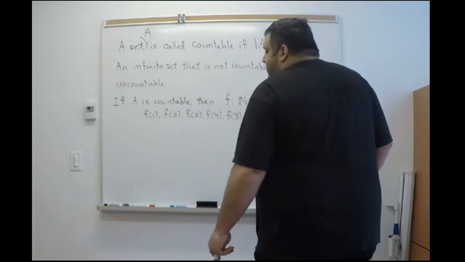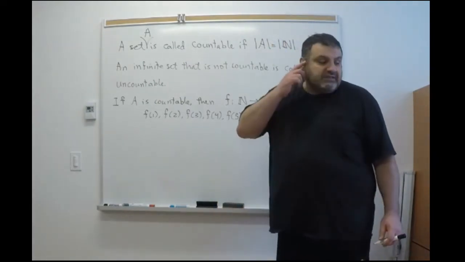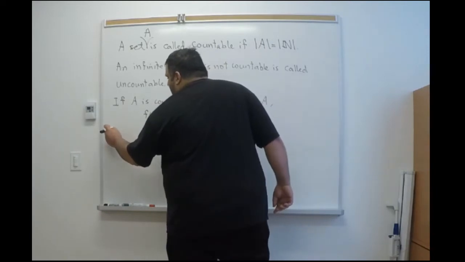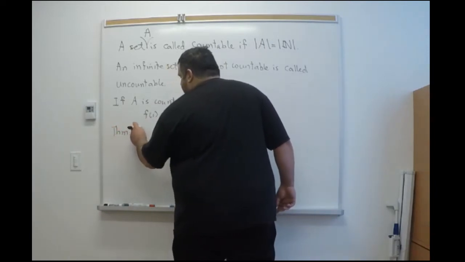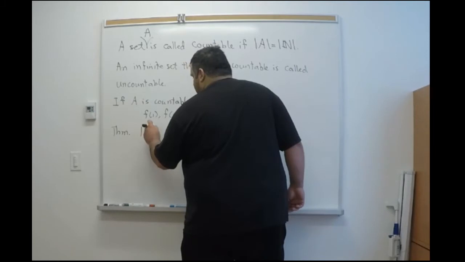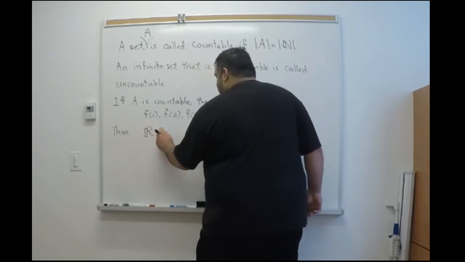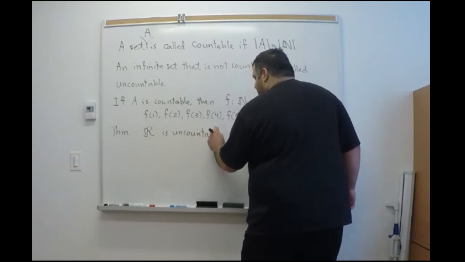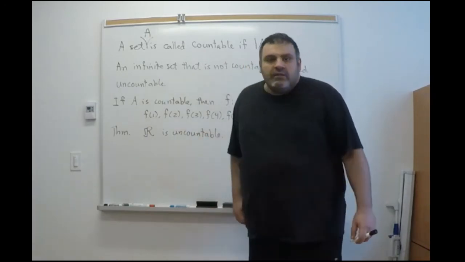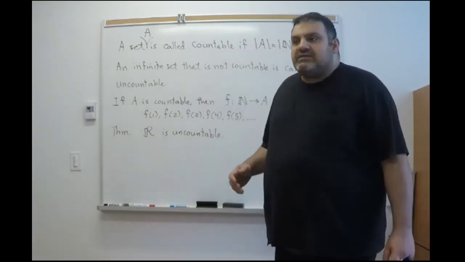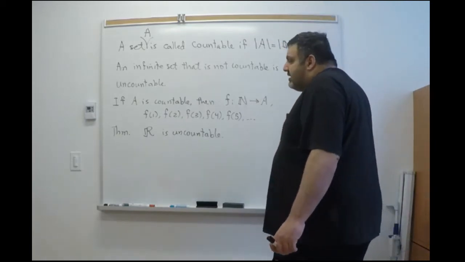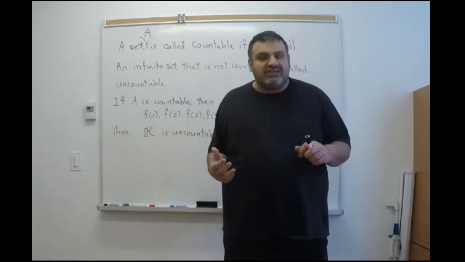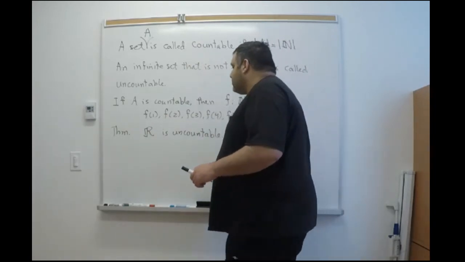Okay? Our next theorem is a very famous theorem that says that R is uncountable. The proof uses Cantor's diagonalization argument.